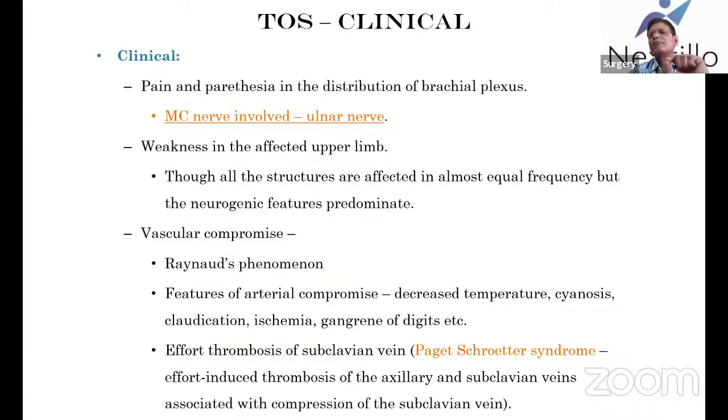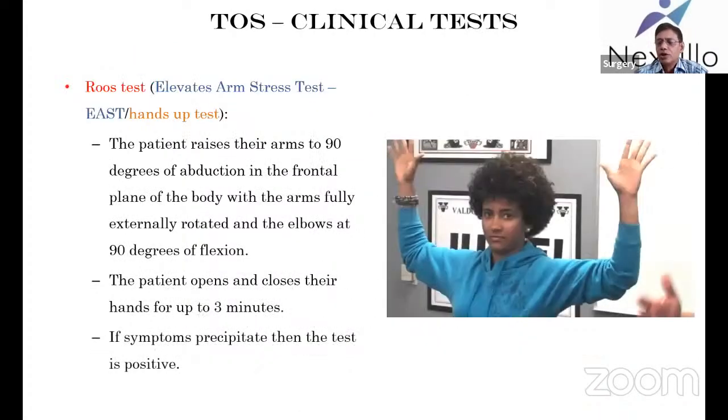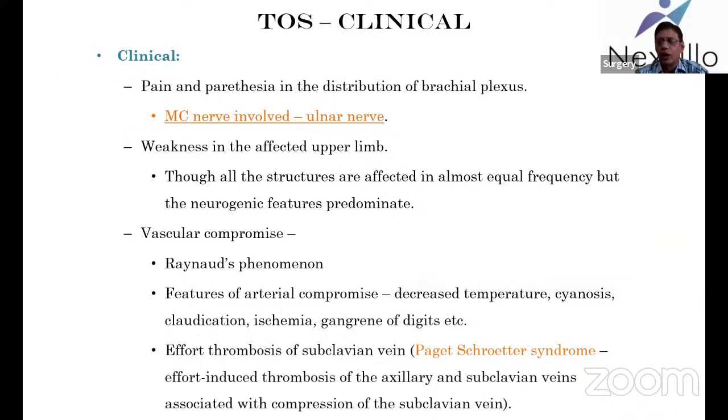The axillary vein is just part and parcel of the subclavian vein. Actually, in the axilla, it is known as the axillary vein, and then as it moves further towards the thorax, it is known as the subclavian vein. So, effort thrombosis, Paget-Schroetter syndrome.